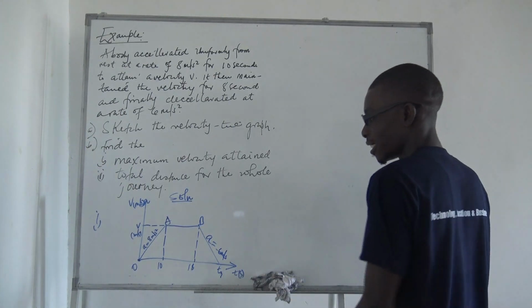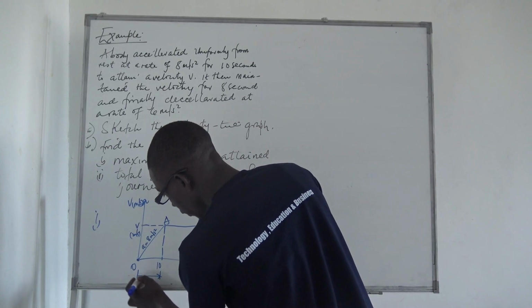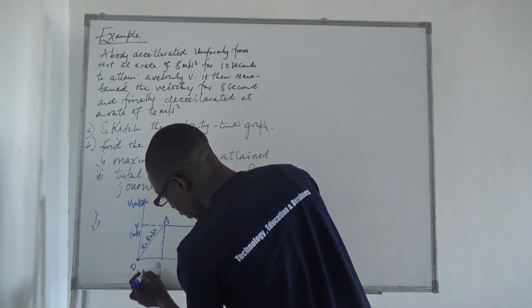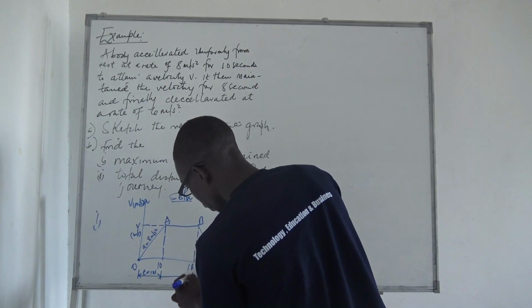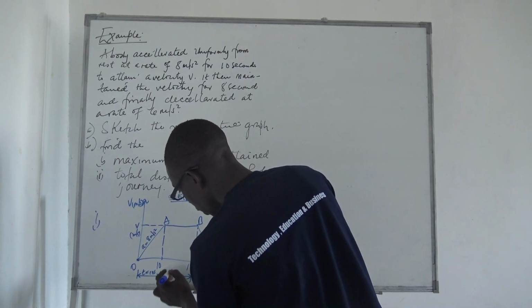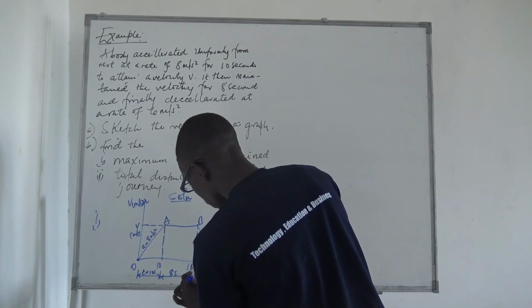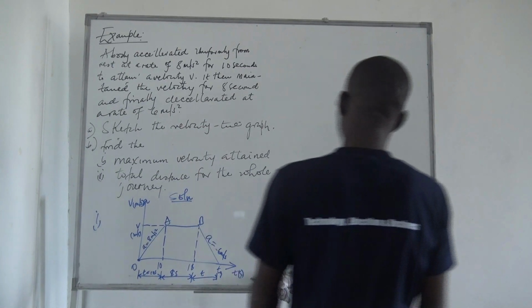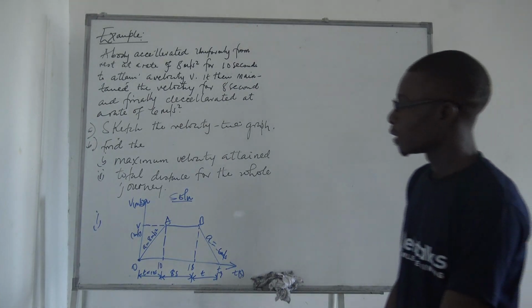In other words, from here up to here, T1 is 10. From here to here, T is 8. And then from here to here is what I don't know, so I can call it T3.